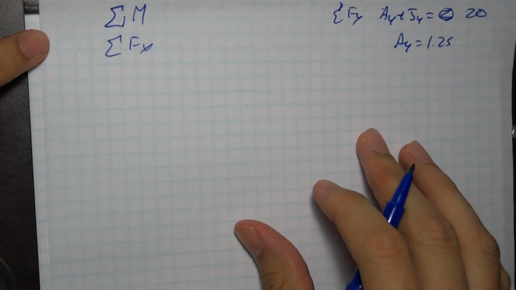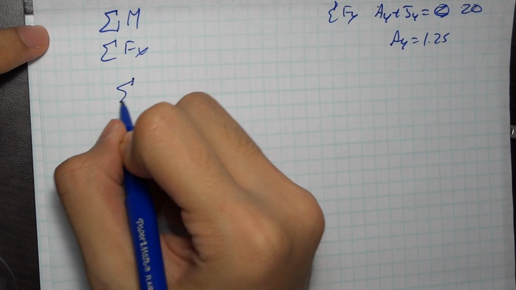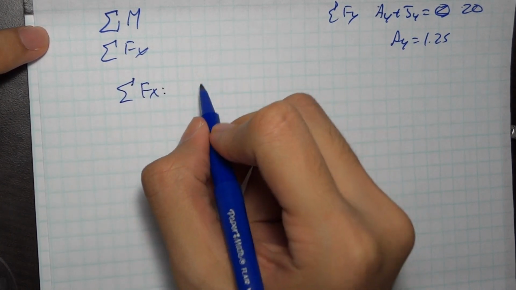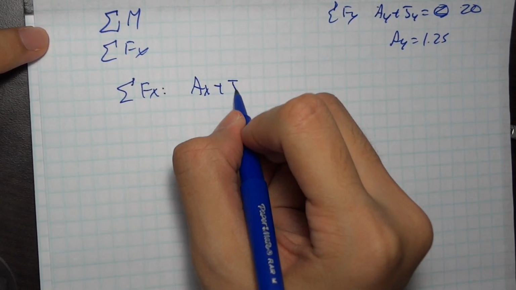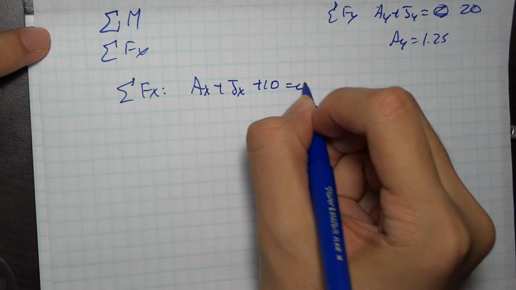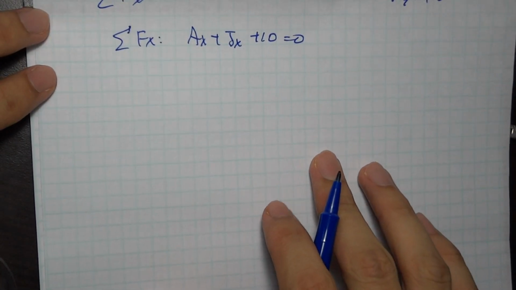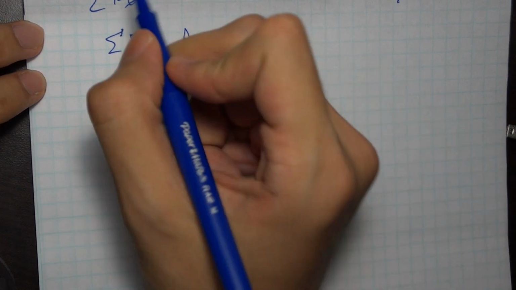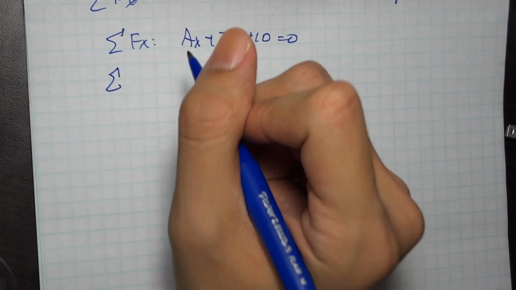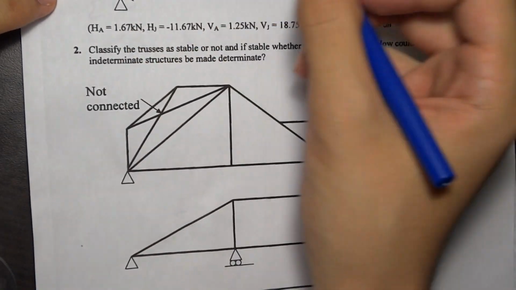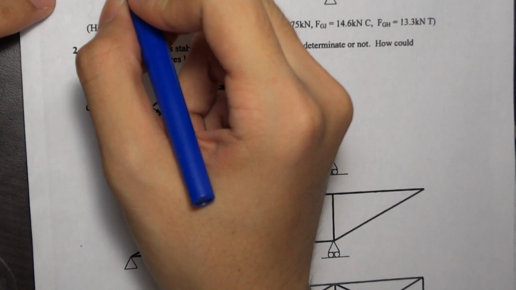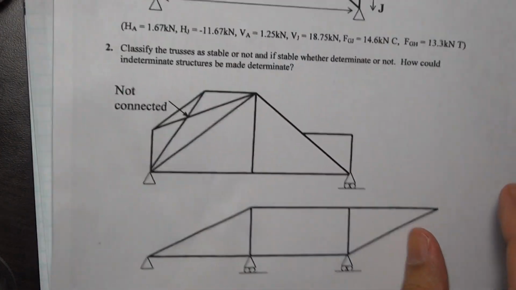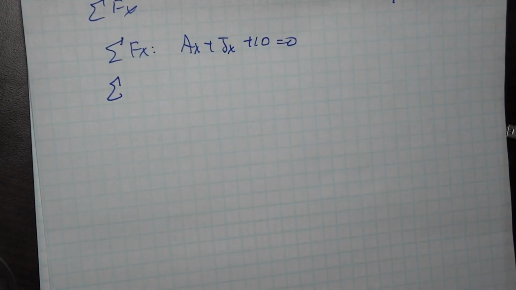Let's look at sum of Fx. That is Ax plus Jx plus 10 equals 0. Now let's take the moment about any point. You can literally do this about any point, B, C, D, E, F, G, H, any point that's off the truss altogether as well, and you should get the same scenario.